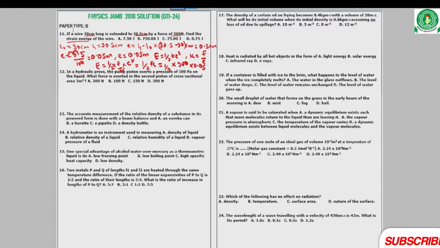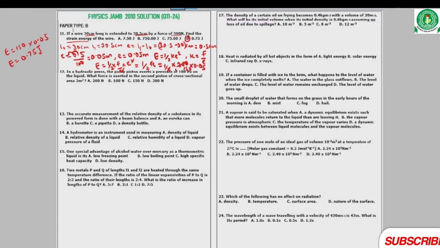When we multiply this together, 2 into 300 gives 150. So 150 times 0.05, our energy is equal to 0.75 joule.